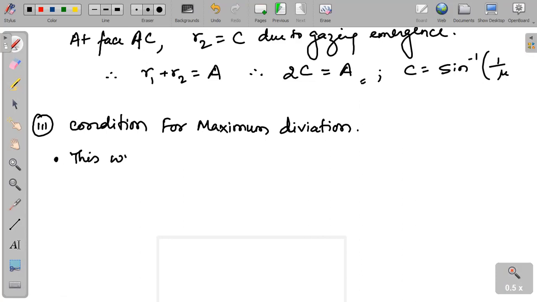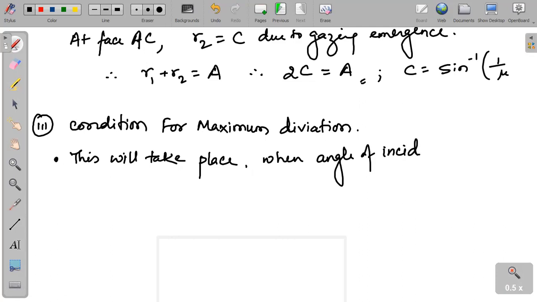This will take place when the angle of incidence I1 will be equal to 90 degrees.